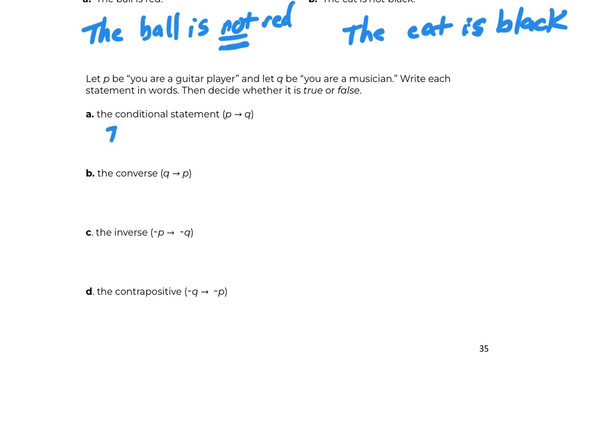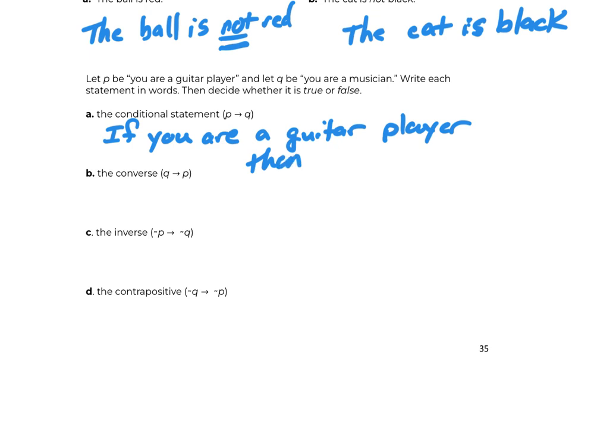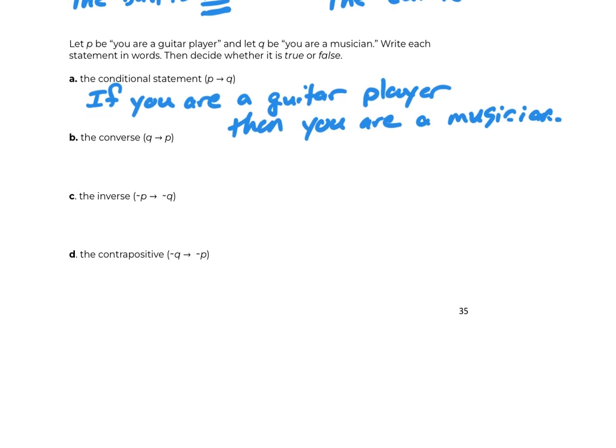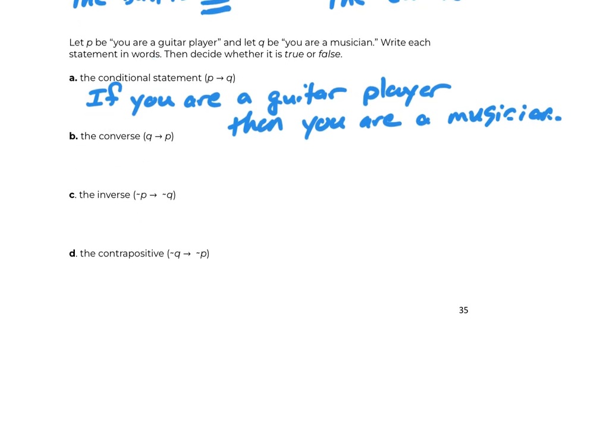So we're going to say if you are a guitar player, then you are a musician. Okay, I'm not going to do the truth value right now. I want to do all four statements first, and then I'll come back and determine true or false last.